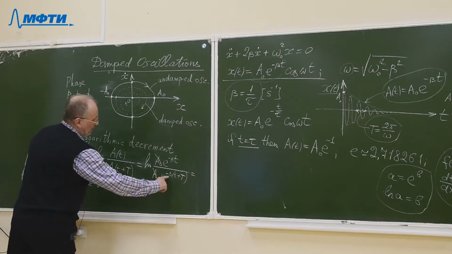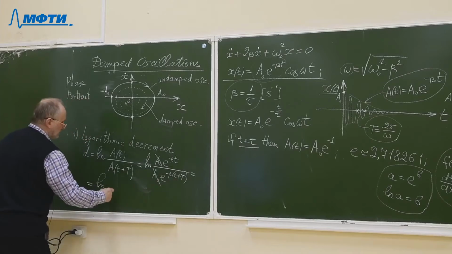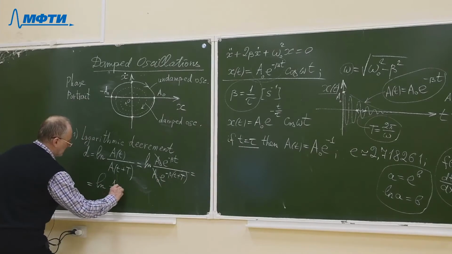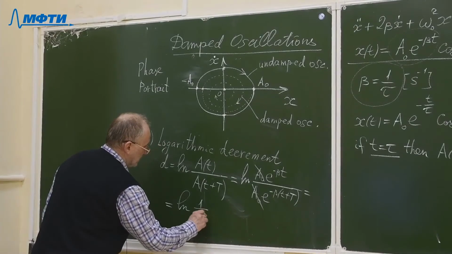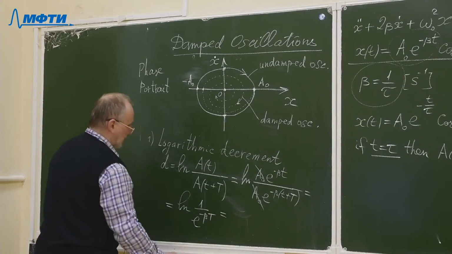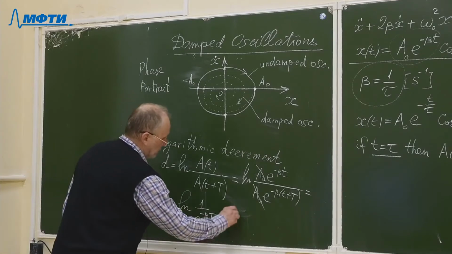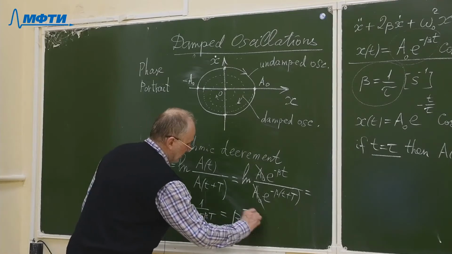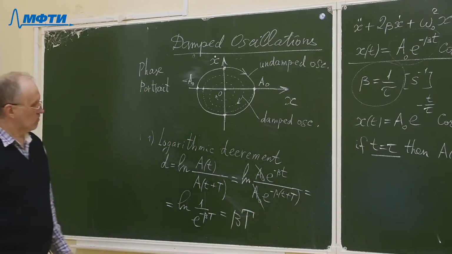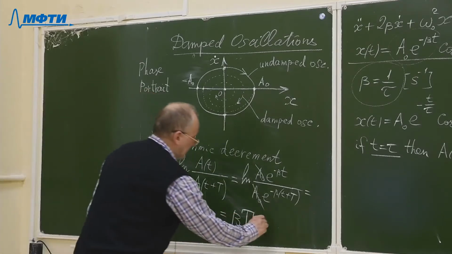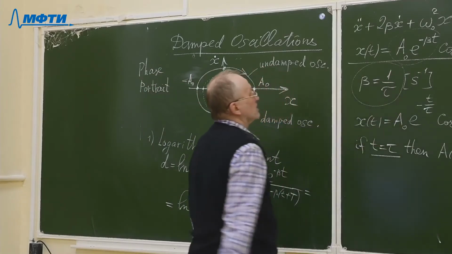the logarithm of 1 divided by e to the power of minus beta capital T. And that will be the logarithm of an exponent, or simply beta T. And we know what beta is. Beta is 1 over tau.